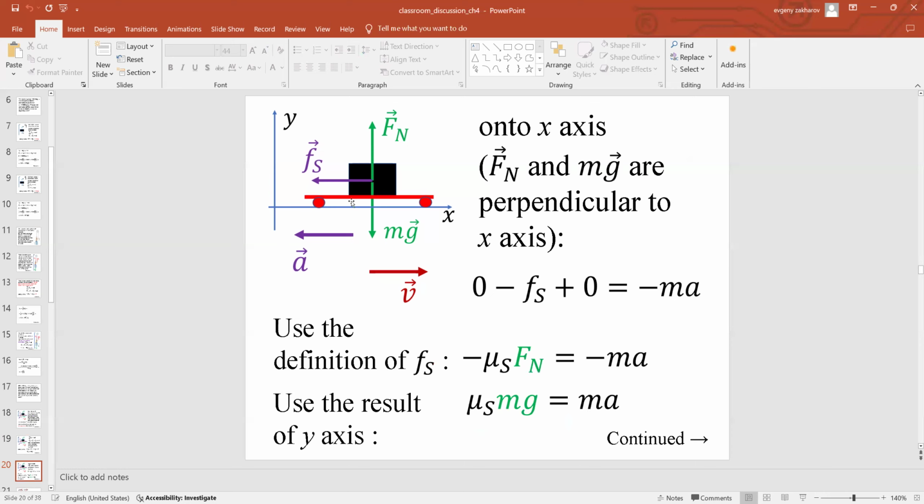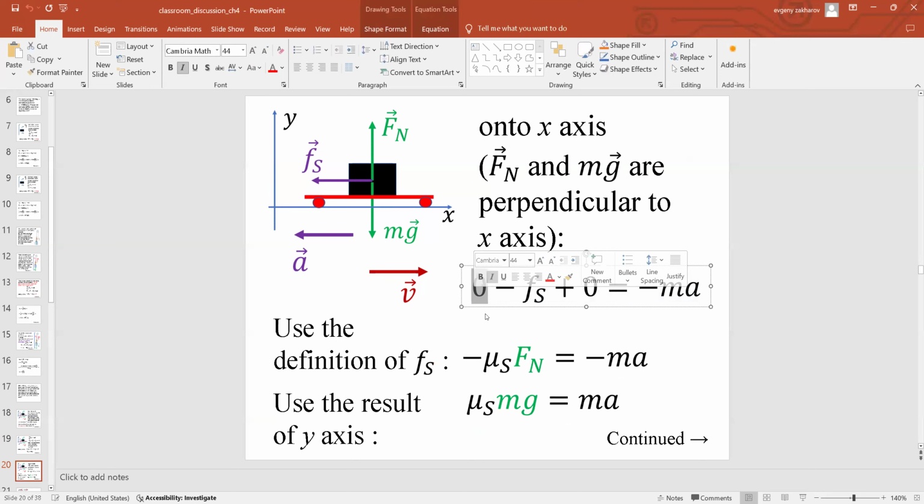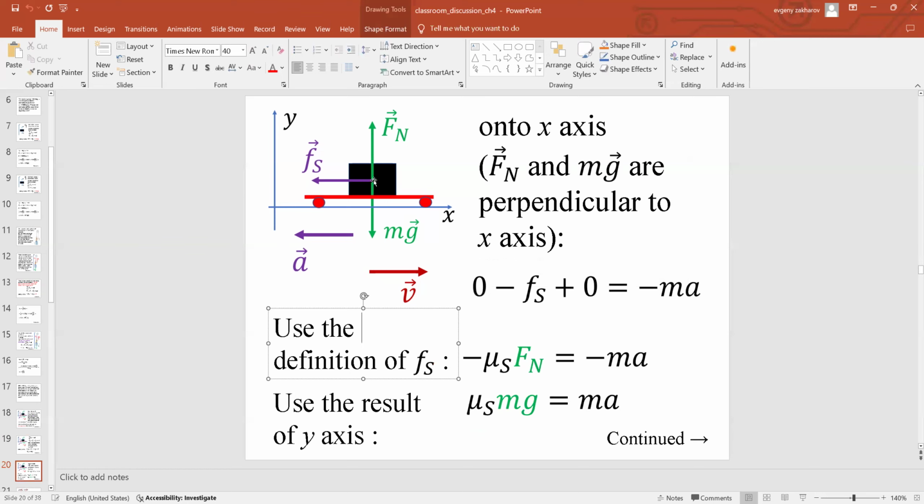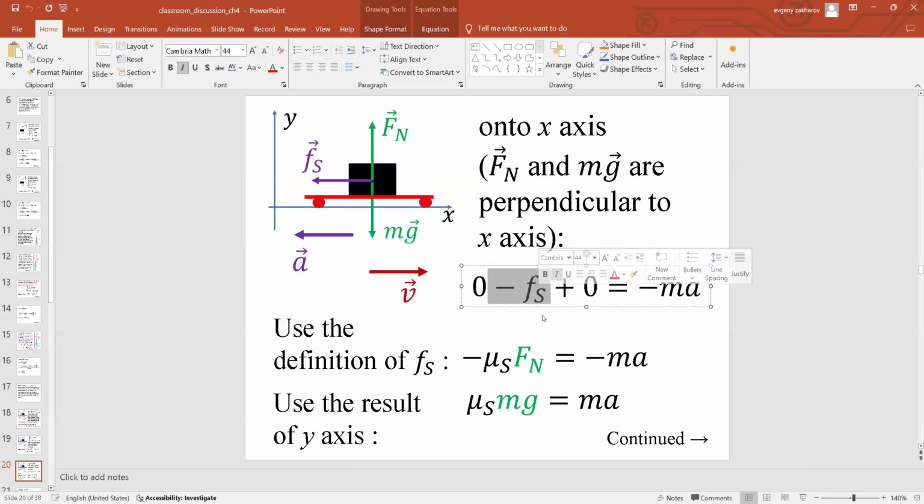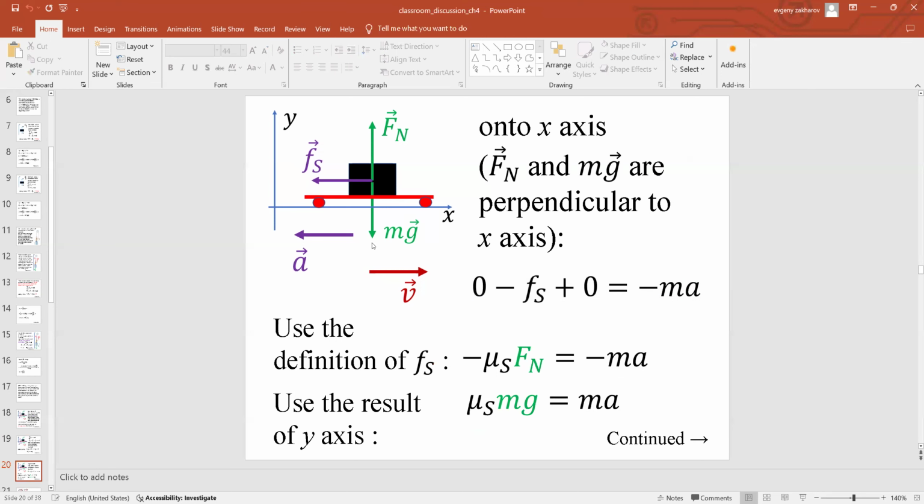Now onto x-axis, you have perpendicular normal force. And if it's perpendicular onto x, it's just 0. You have static friction, which is opposite to positive direction. So it's a negative static friction. And then you have gravity, which is also perpendicular onto x-axis. If it's perpendicular, component is 0.